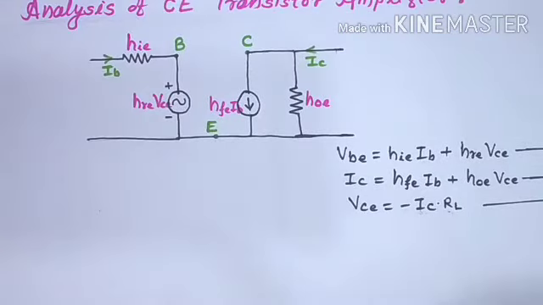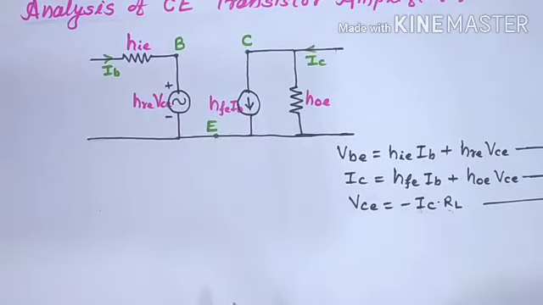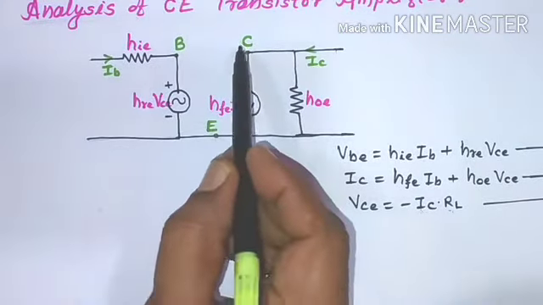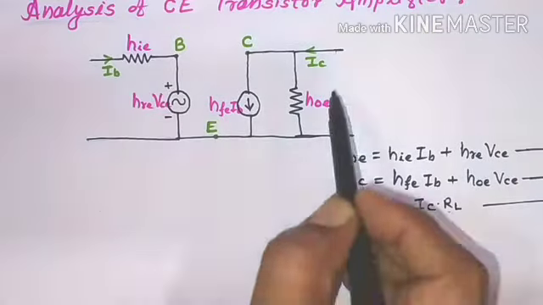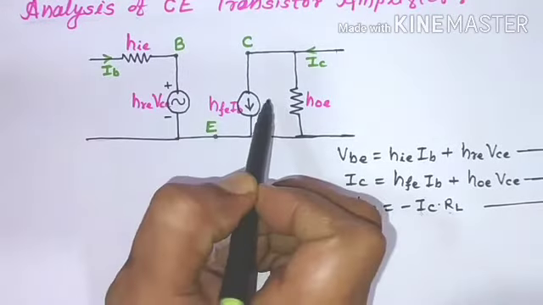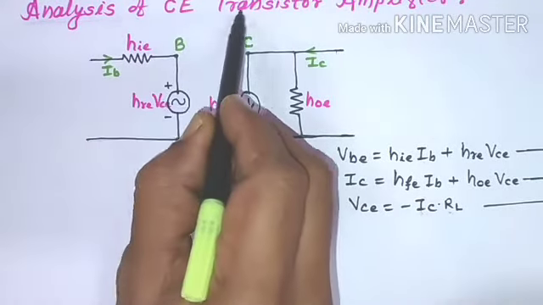Before going into detail about these expressions, come to this circuit. This circuit we have drawn is the hybrid equivalent circuit of the common emitter transistor.